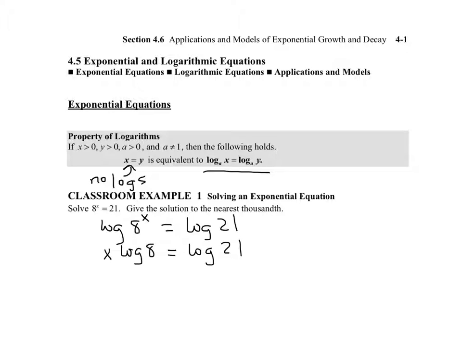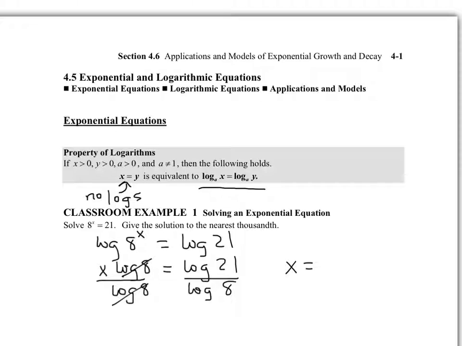Now we can solve for x. If we divide each side by log 8, we isolate x. What you will find if you put this into your calculator is you can type in parentheses log 21, close your parentheses, then divided by, in another parentheses, log 8.